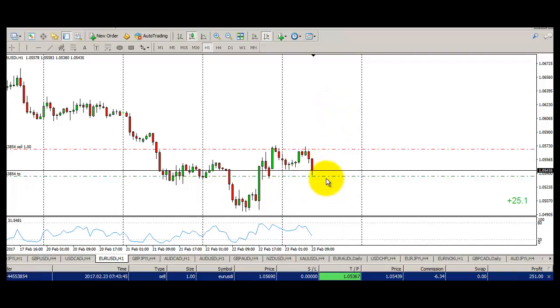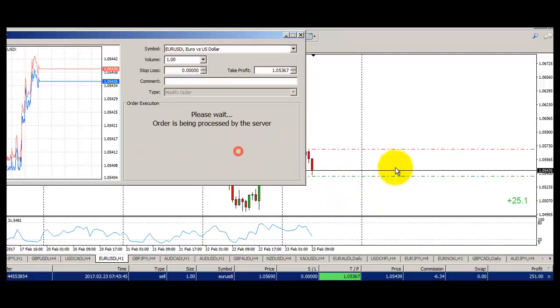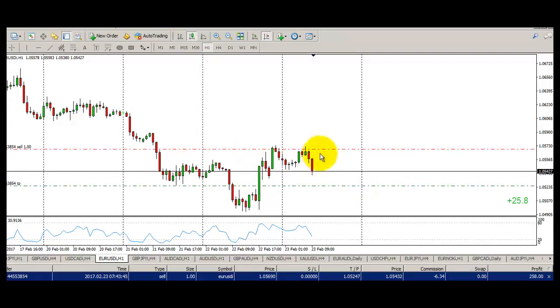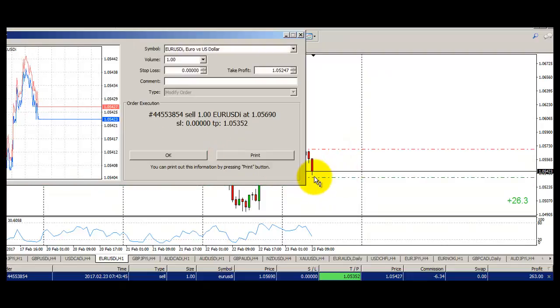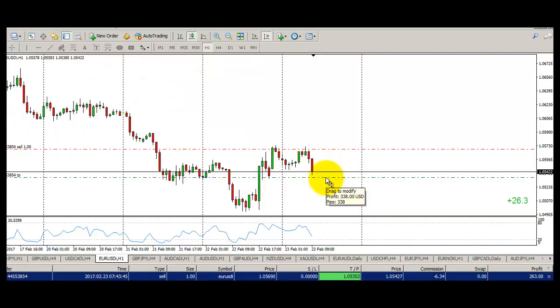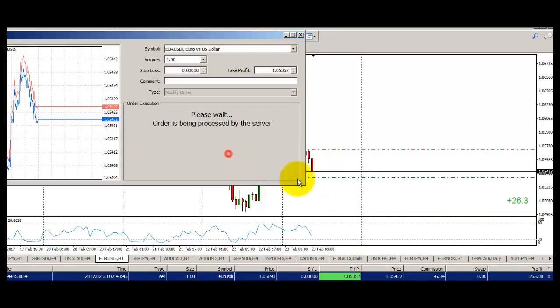But I'm actually very hesitant about my take profit, because I know it's going to go much further than that. But for the sake of this video, I'm trying to keep it in so you guys can see it hit my first take profit area, my anticipated profit area of 320 or whatever.